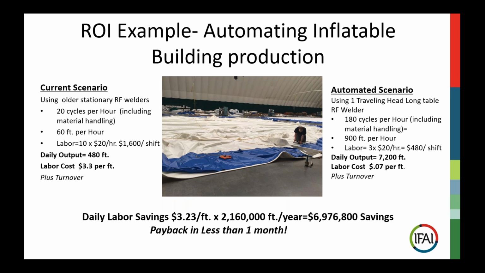So you've got 900 feet per hour with a total of 3 people at the most. That's 7,200 feet per shift and $480. You can see the math here is pretty significant. You could be saving millions in the end if you're doing that much output, and obviously you can pay back this investment in way less than a month.